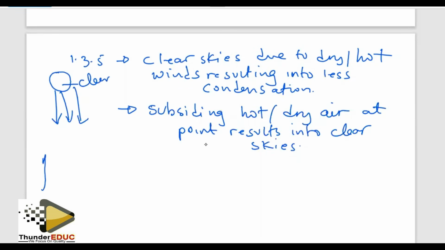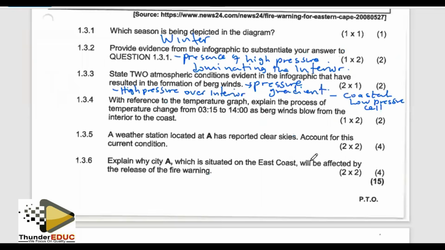But whenever air rises, there will be condensation resulting in the formation of clouds. So where there are berg winds, there are clear skies as a result of dry hot air or subsiding hot air. That's why point A will have clear skies.